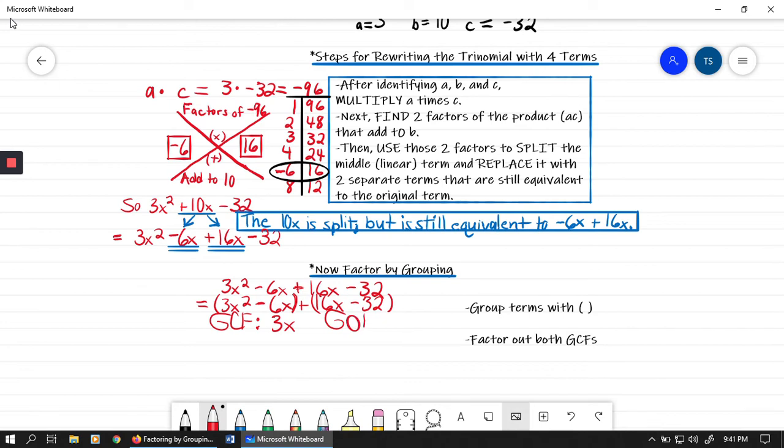And so when we factor out those two GCFs and we put those on the outside of the parentheses, we have 3x times x minus 2 left over.